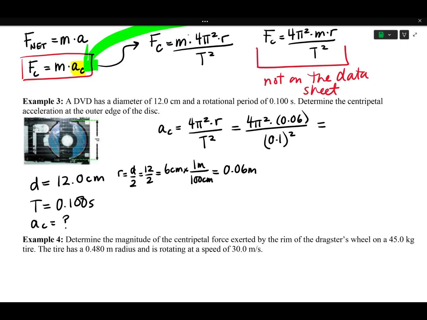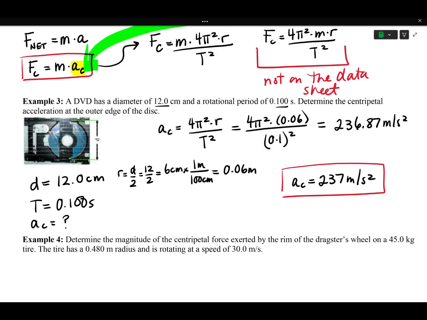So 4 pi squared times 0.06 over 0.1 squared, and we get a value of 236.87, and the units will be meters per second squared. Okay, significant digits, I've got 3 of each, so now my centripetal acceleration is going to be 237 meters per second squared, and that would be our final answer.